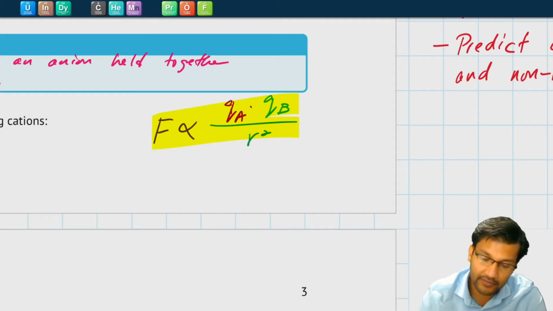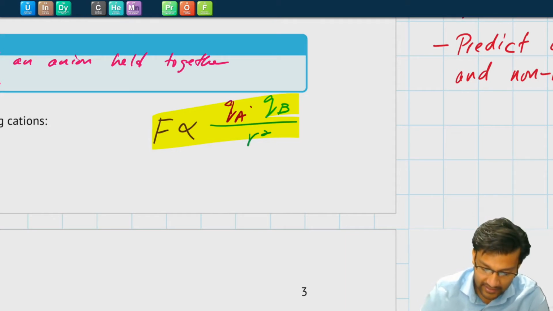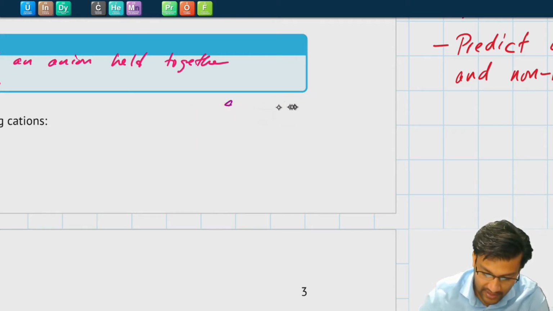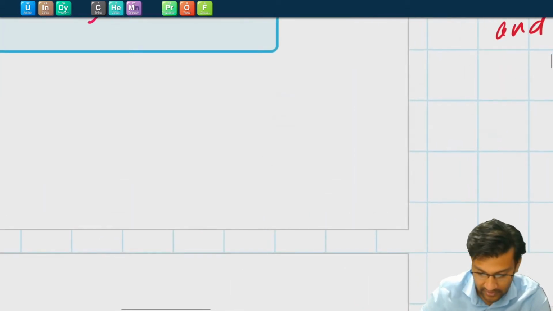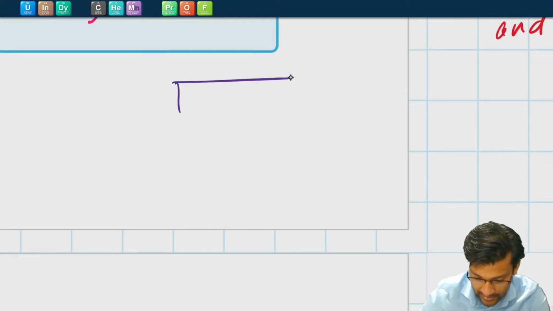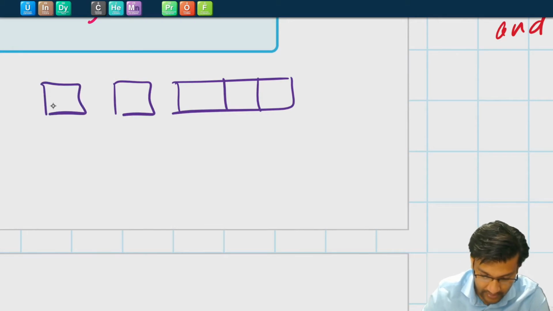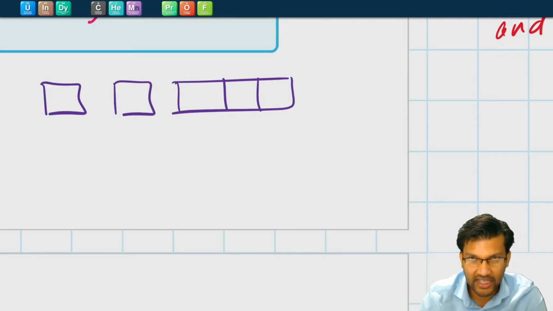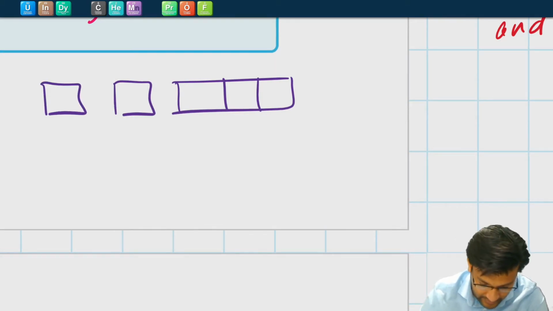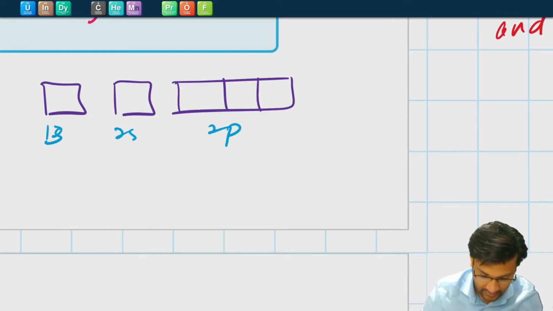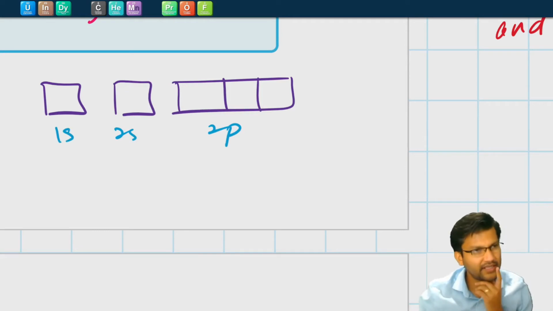And I'm going to reiterate a few rules that I think I barely mentioned in last chapter. When we're dealing with electron configuration, let's look at the 2p setup. So this would be 1s, 2s, 2p orbitals, right? And let's pick an element.